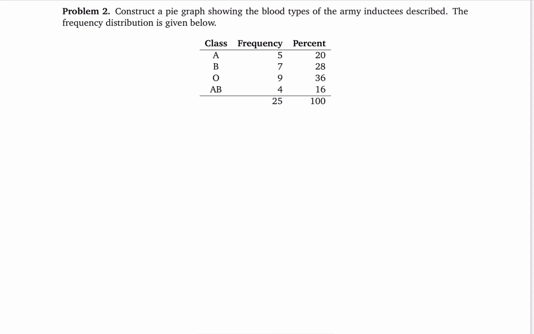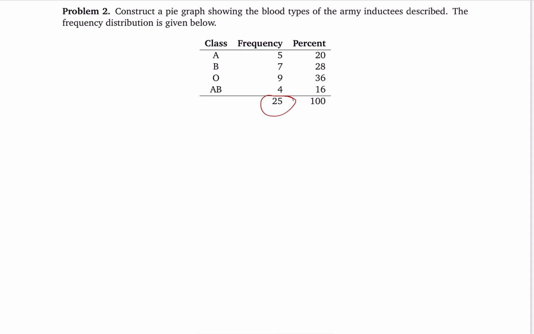To describe the frequency distribution, just like I told you last week, it is about the degree, the angle, all the stuff. We have a total frequency here of 25.